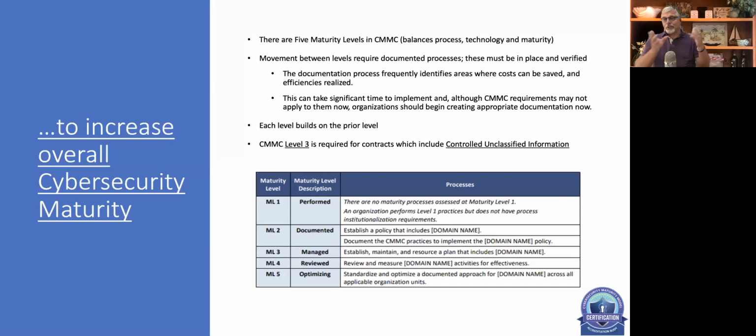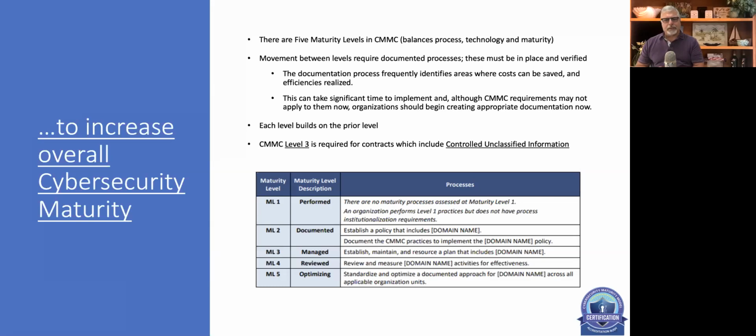But I also need to recursively do that with level 1, because remember, we have capability and maturity. So those capabilities, otherwise known as practices, in level 1 are also subject to the managed clause, right?